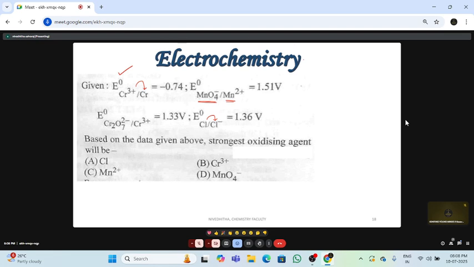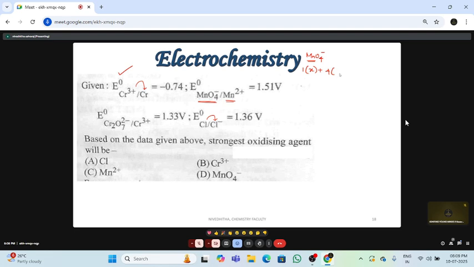How to find the oxidation state of manganese? The representation is MnO4 minus, so this is the formula, right? Here we have only one manganese, and we don't know its oxidation state or charge, so it is considered to be X. And how many oxygen atoms do we have? 4 oxygens, right? And what is the oxidation state of oxygen? You have studied in your 11th standard.